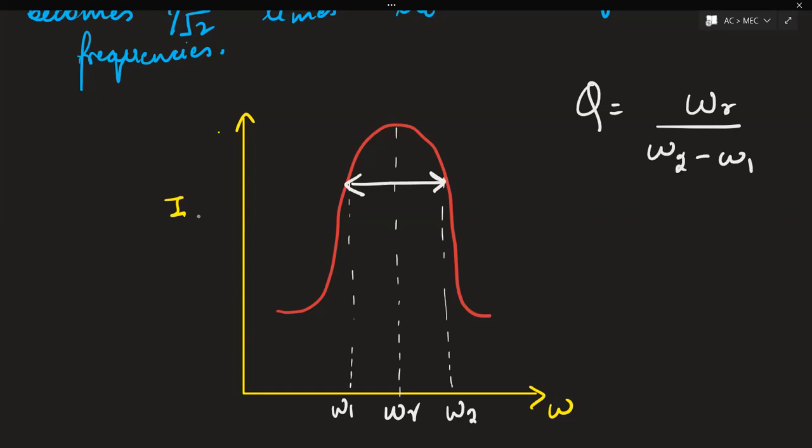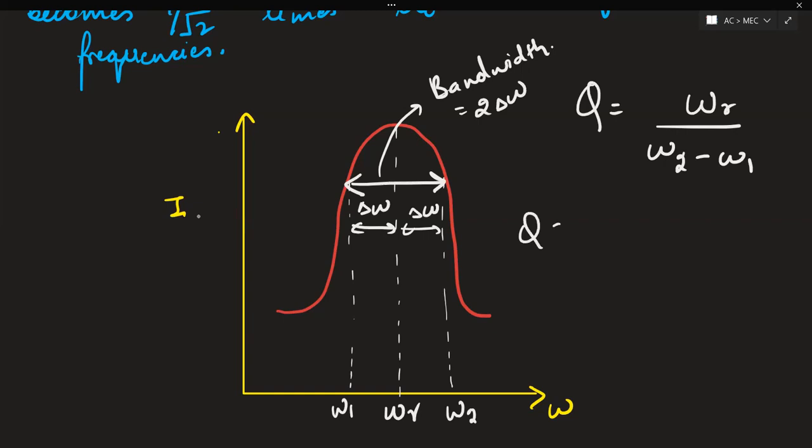This is known as the bandwidth. So if you call this term delta omega, and this term will also be delta omega, this complete term becomes 2 delta omega. So Q is what? This can also be written as the resonant frequency divided by the bandwidth.